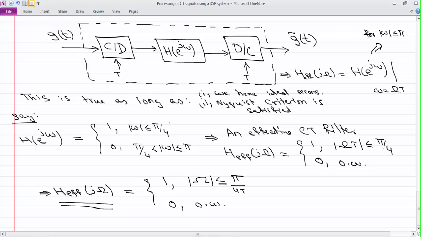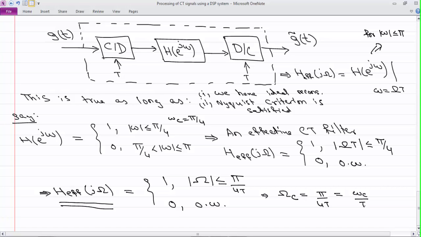The discrete time low pass filter had a cutoff of omega c equal to pi by 4, whereas the effective continuous time filter has a cutoff of capital omega c equal to pi by 4T, which is equal to little omega c over capital T.